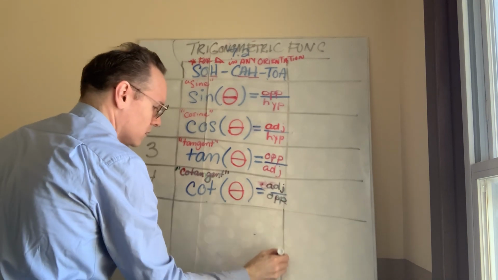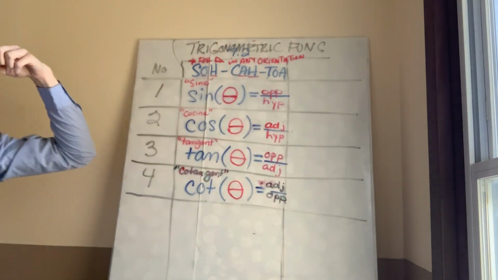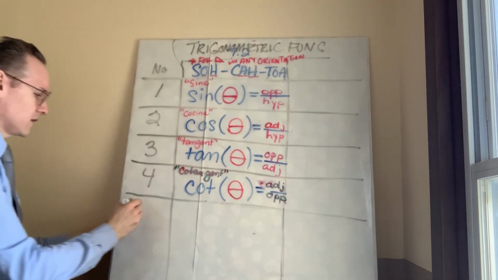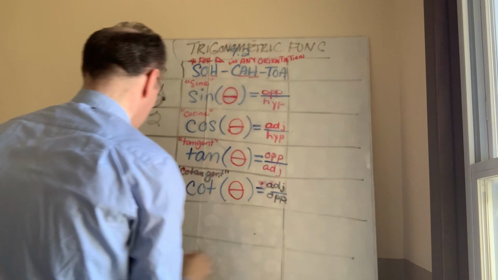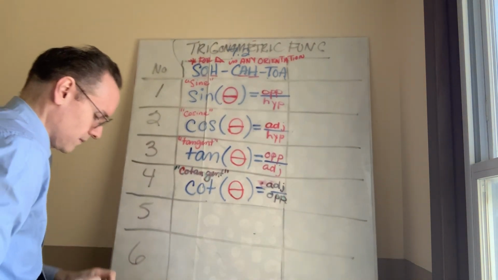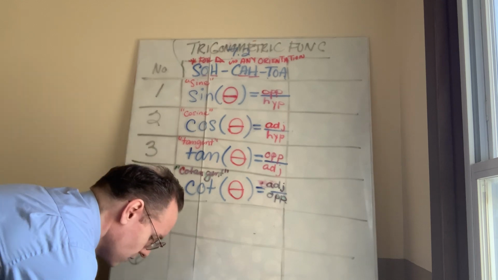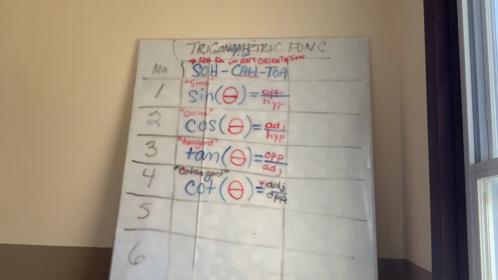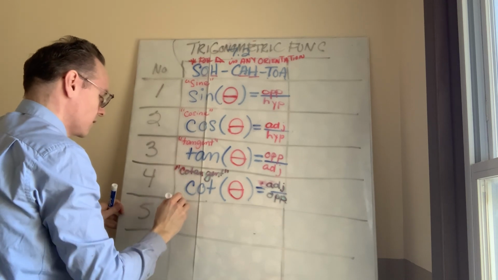Just a couple more, and then we'll shift gears and we'll talk about the perspective of section 7.3 again. Number 5 and number 6. All right. Secant is the next one I mentioned.